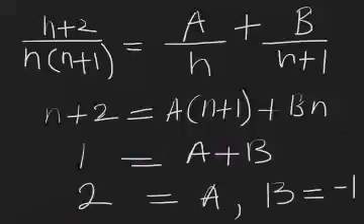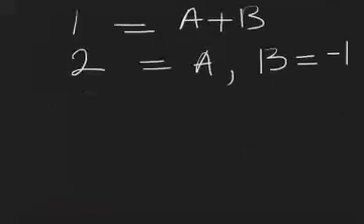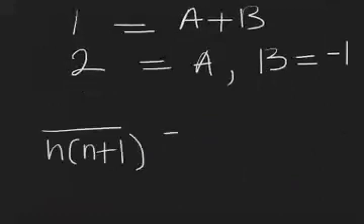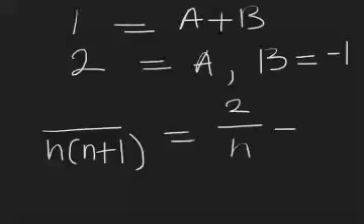So these are the partial fractions. Here the denominator is n plus 1. So a is 2, here you have n, and b is minus 1, over n plus 1.